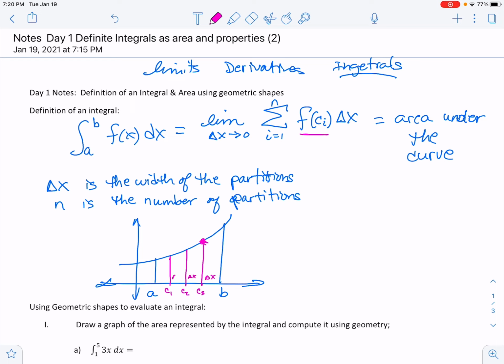It's how fat your partition is. So you're ending up with these rectangles, and we're adding them up. But we're taking a limit, because this delta x is going to get smaller and smaller and smaller. Because right now, if I just added up these rectangles, I'm forgetting all of this part right here, which is not included in my area, so I'm not very accurate.